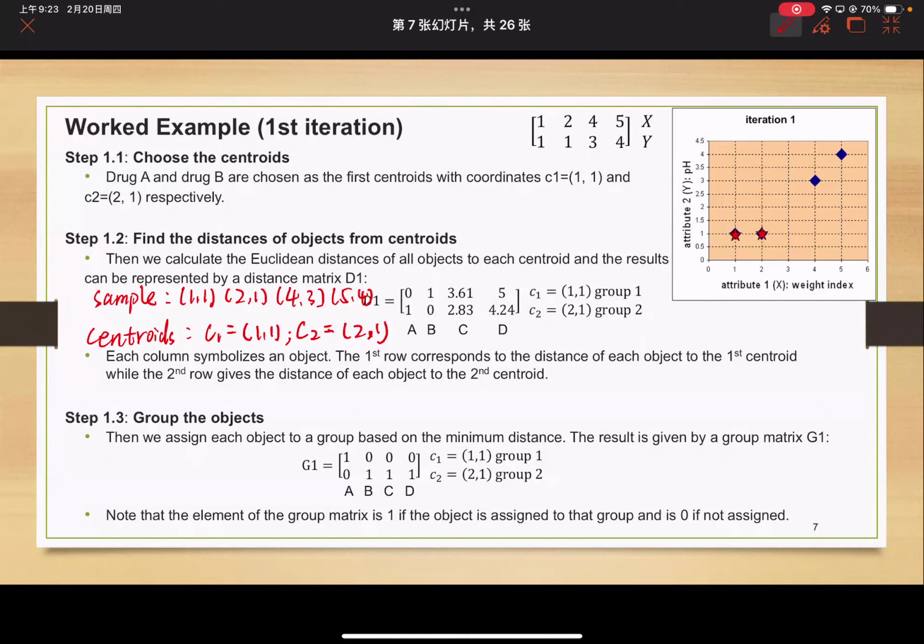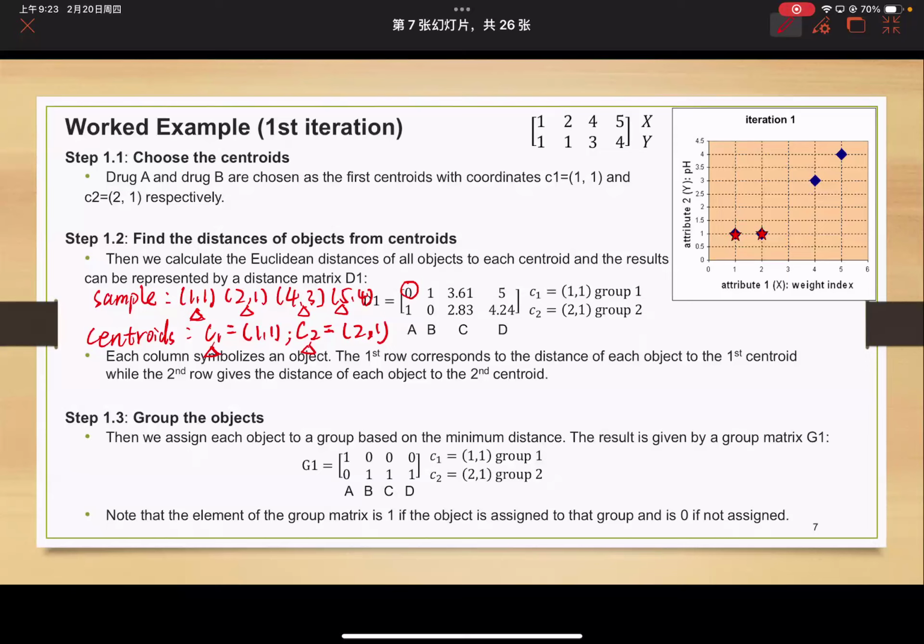Now we need to calculate the distance of each data point to each centroid. So you can see we should have 4 numbers for each centroid, 8 numbers in total, right? So the first distance is between 1, 1 and C1, so the distance is 0.